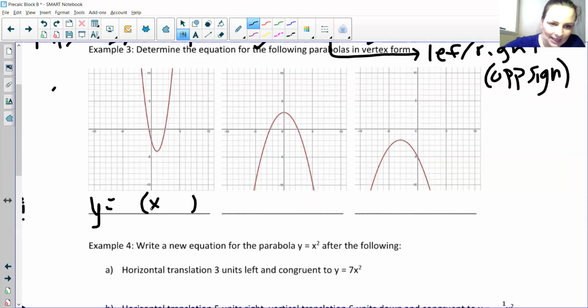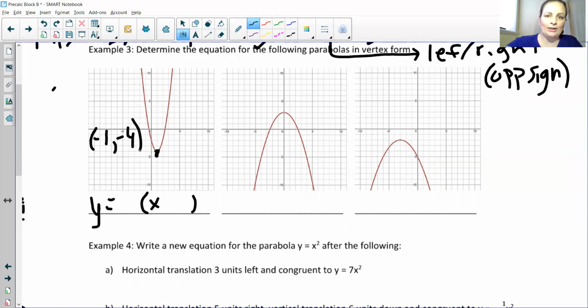So from the vertex, this vertex happens when x is -1 and when y is -4. Okay. So when x is -1, y is -4.